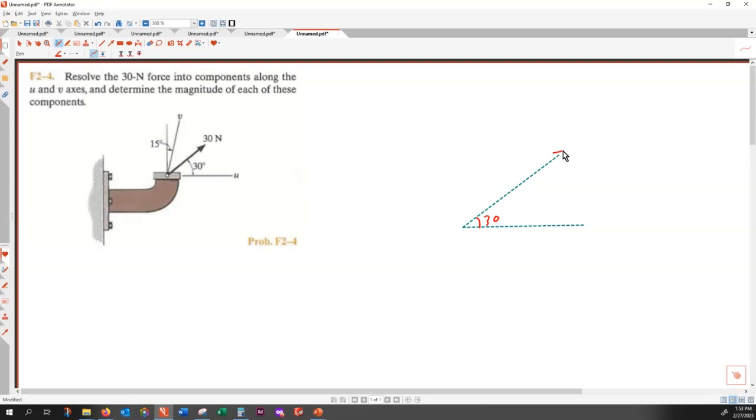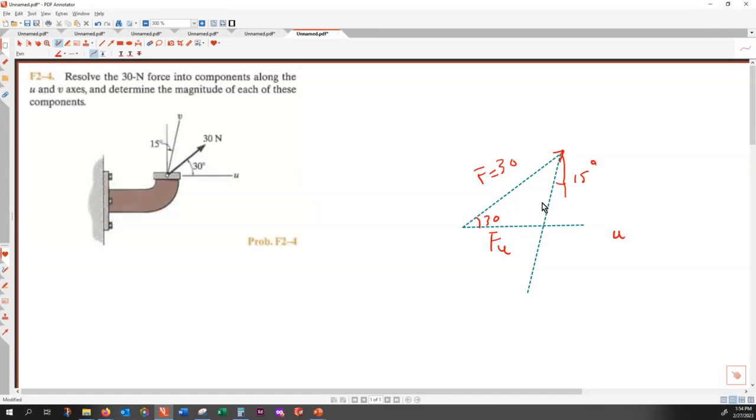And this is 30 Newton. Then this is F of U, when you project F in the U direction. The V component is parallel to that. So from the end of this vector, I draw a line parallel to V. And when I say it is parallel to V, it means this angle is 15 degrees.